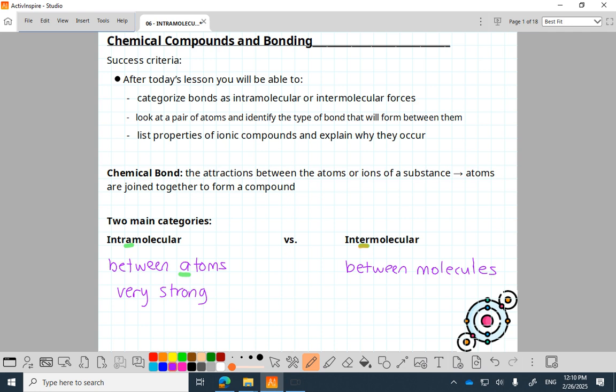And actually, to be honest, unless you have a very specific job, like you're a metallurgist or you work with welding or something that has very strict safety conditions, you work at Dofasco with steel or something like that, then you probably will never make a metallic bond. So we're going to focus on the ones that are more common, like I said. When you have an intramolecular force or bond between atoms, very strong, they are broken and formed in chemical changes.